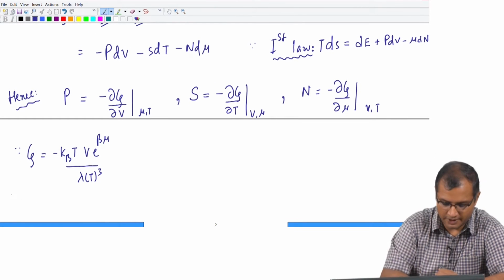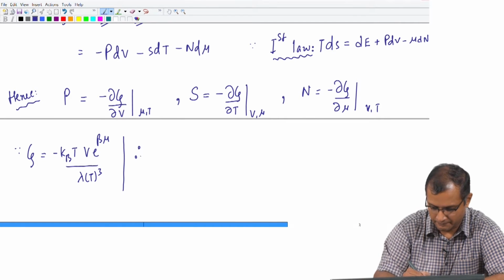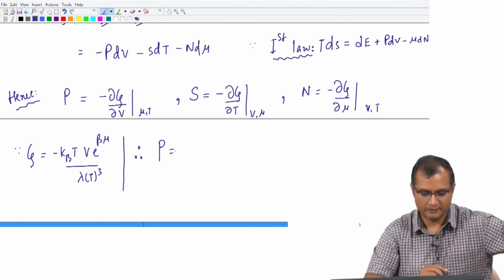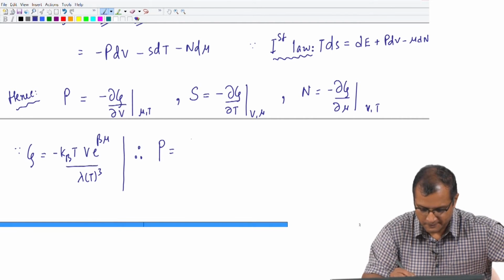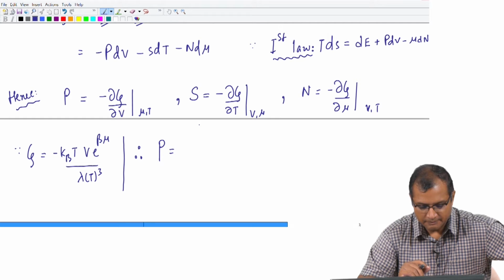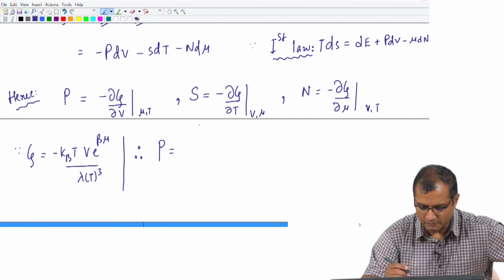So, therefore, I can write down for P, pressure, as, so the only thing is there is only one variable, that is volume, in the expression.